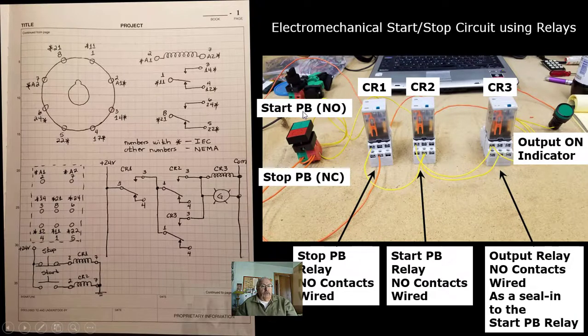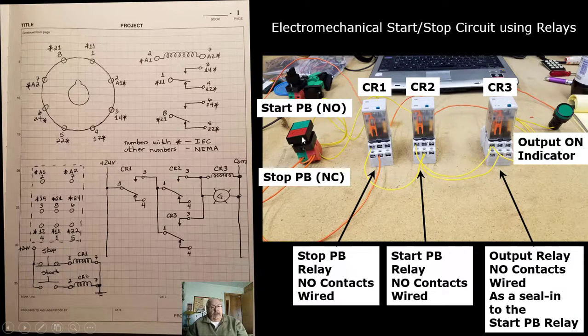There's the start push button, this green one, and it's associated with the green switch block. The stop push button, which is normally closed, is associated with this red terminal block. Here's one of the relays, which is CR1, the stop push button relay with the normally open contacts wired.